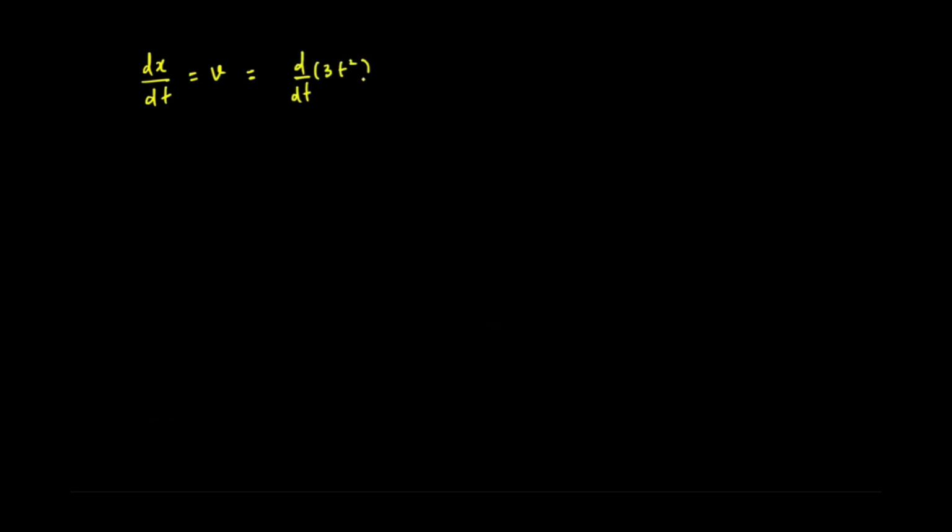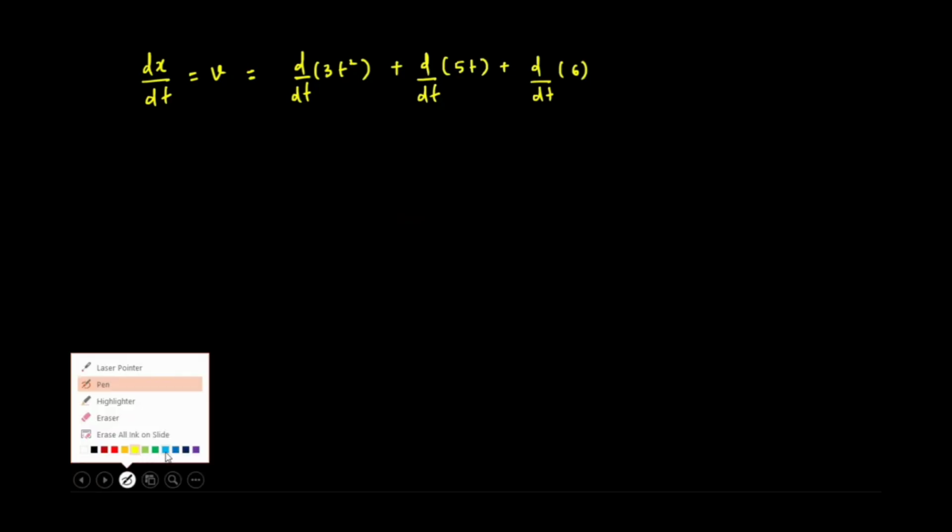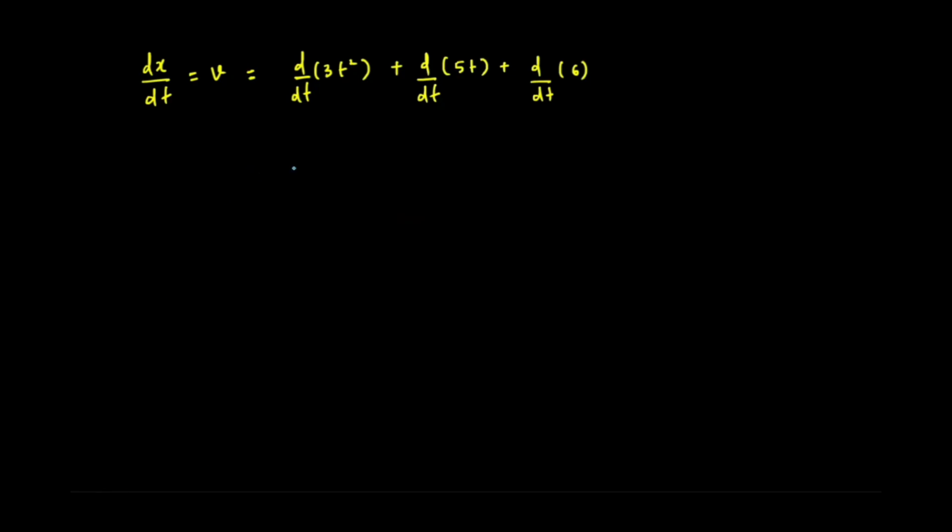Now this d by dt is going to be multiplied by all the terms present in this equation, that is 5t as well as 6. This is something you are doing for the very first time, so that's why I'm writing the whole equation this way, elaborating each and every step. But once you are comfortable with this mathematical operation, differentiation is very easy.